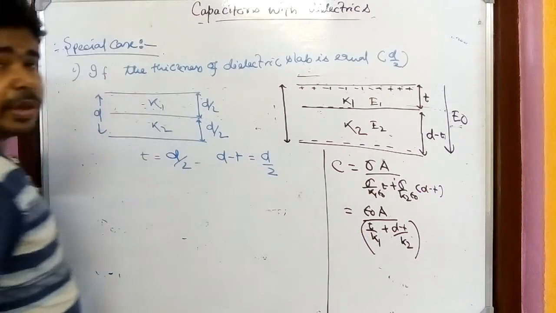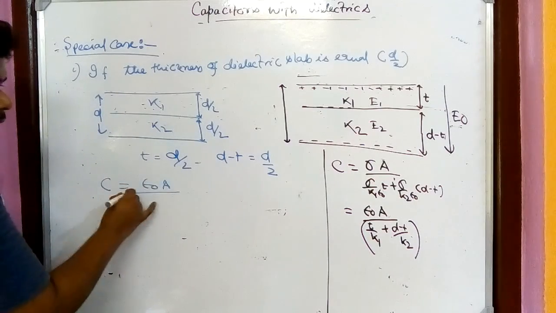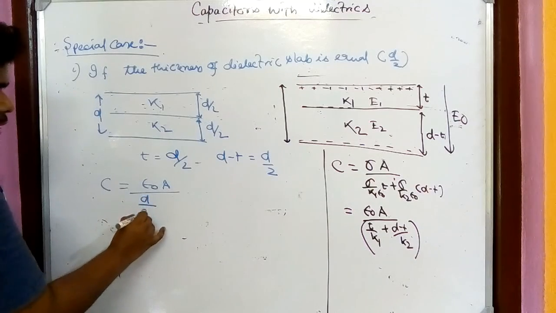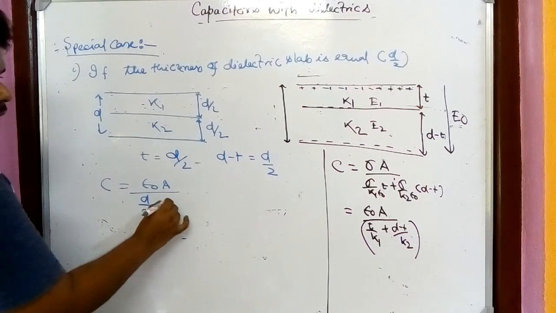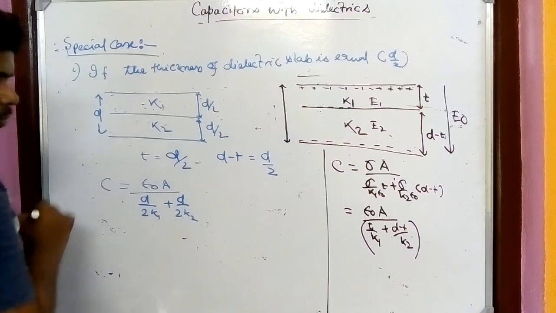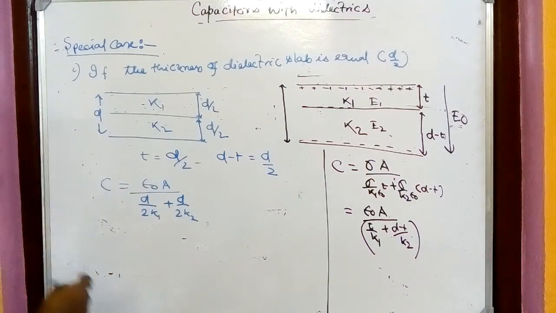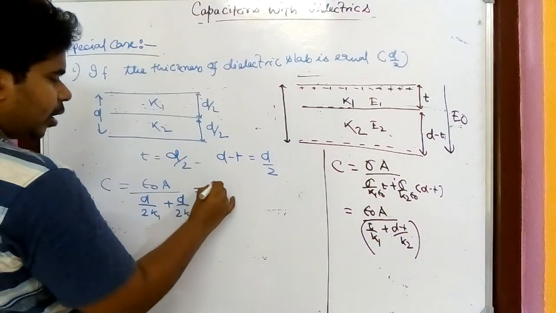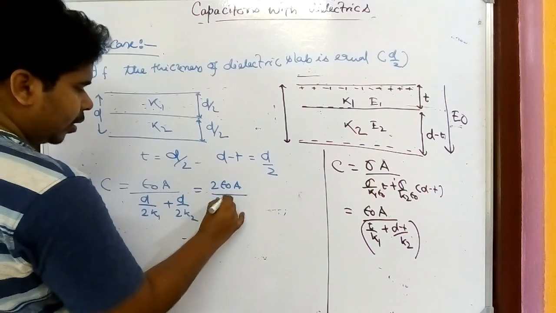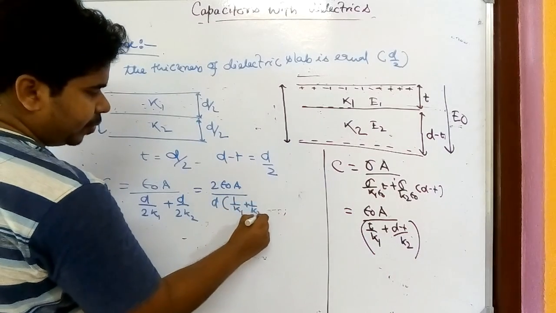If I put the value here, C equals epsilon naught A by T by K1, so d by 2 k1, plus d minus t by k2, so d by 2 k2. Okay, so d by 2 I will take as common, and so 2 will come up, epsilon naught A by d into 1 by k1 plus 1 by k2.